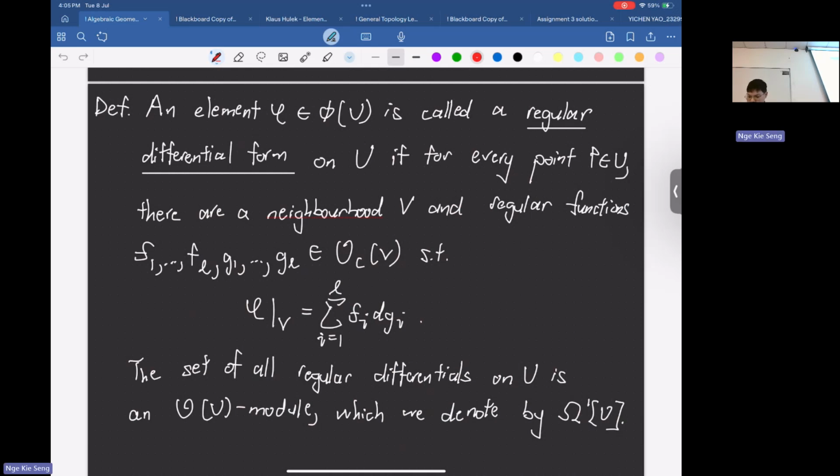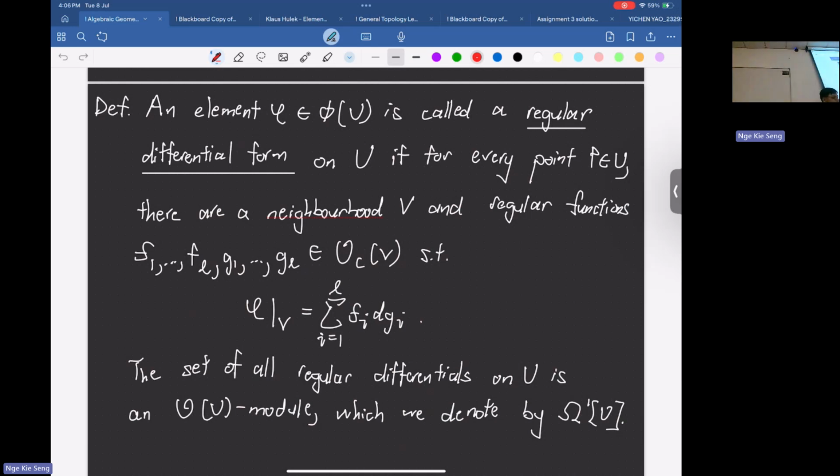Okay, so basically it's something that can be written as a linear combination of f_i dg_i here, where the coefficients live in the ring. So these f_i are regular functions.